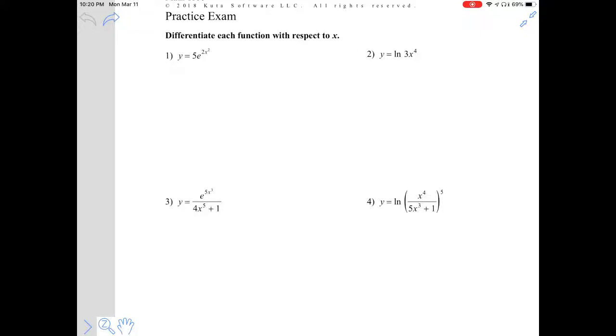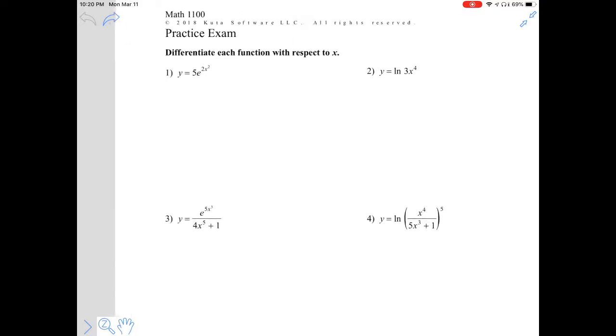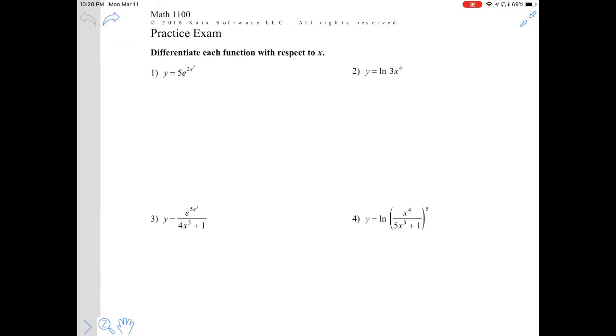All right, this is the practice exam for Unit 3. Question 1, we're going to use the exponential rule for differentiation. So y prime is just going to be 5e to the 2x squared, and then we multiply it by the derivative of that exponent.